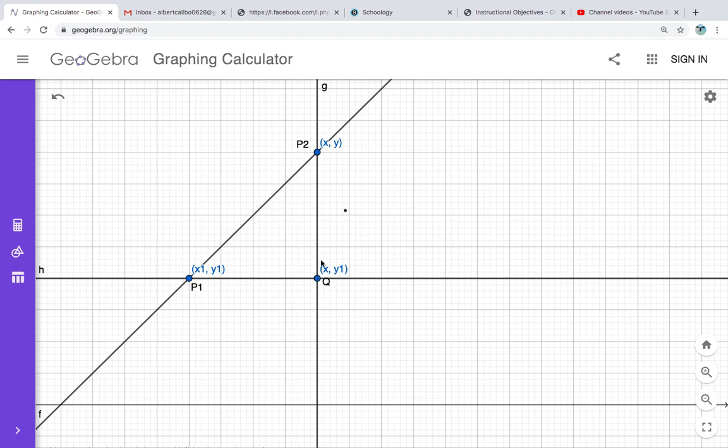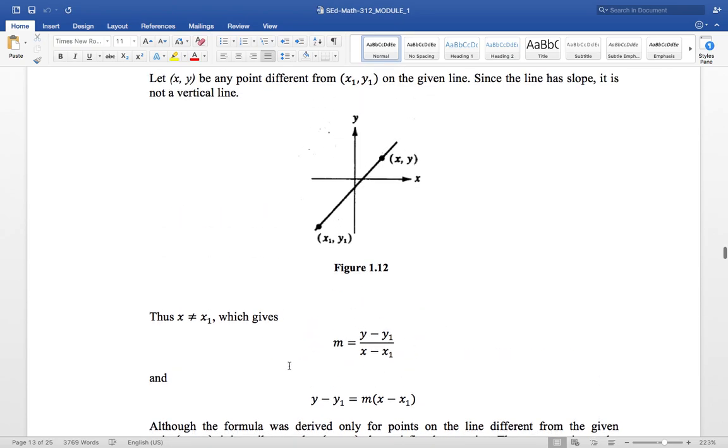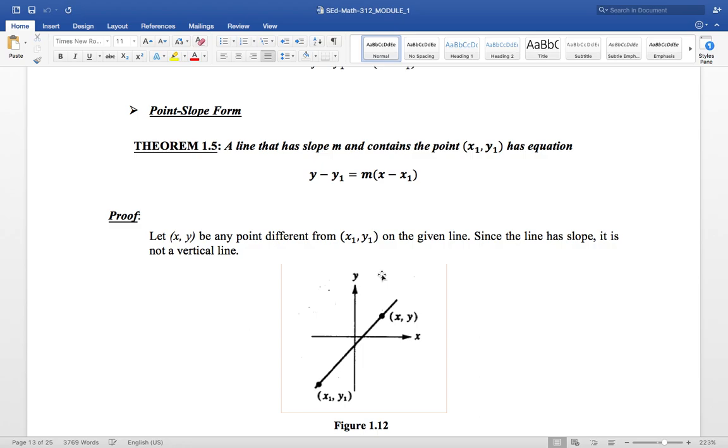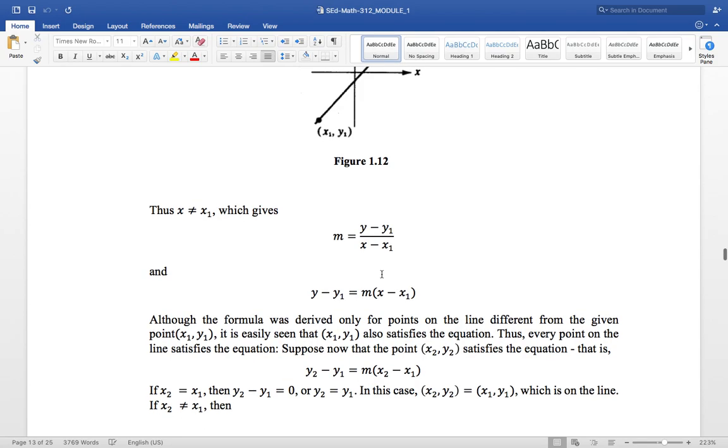And of course, the coordinate is x, y sub 1. So we get here x, and this is y sub 1. So we'll have Q at x, y sub 1. So to prove the equation here for a point slope form of a line, we can make use of this.